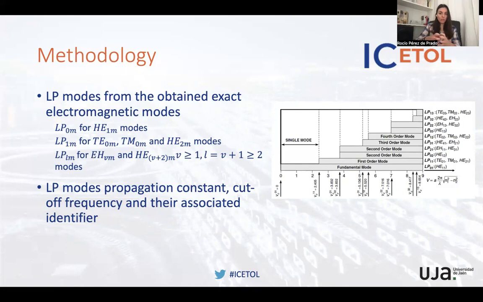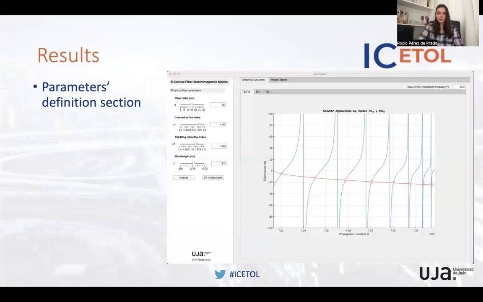So we know the connection between the exact modes and the linearly polarized LP modes. Again, we also want our application to offer us this information, the characterization of the fiber, and tell us the degeneracy of the modes. So basically, we have the results.